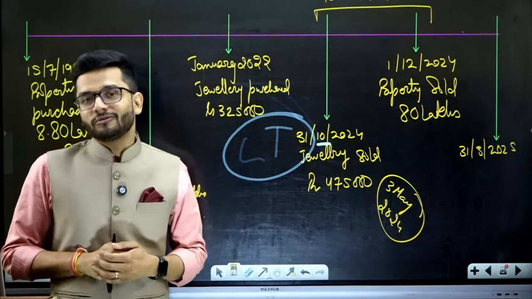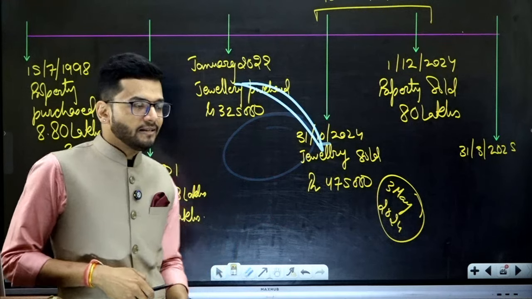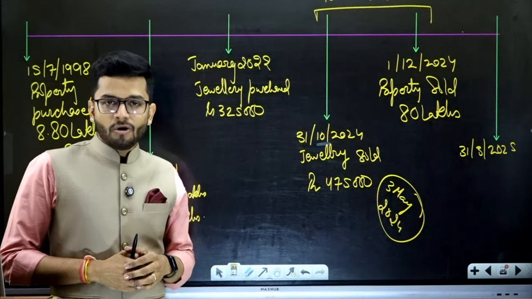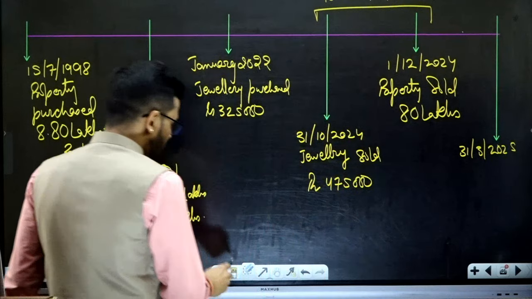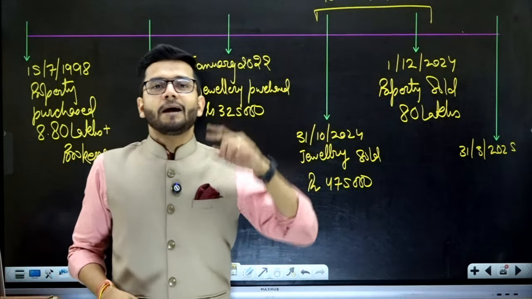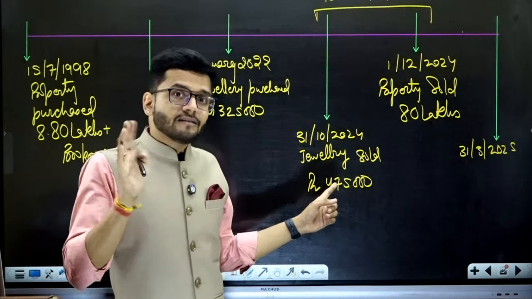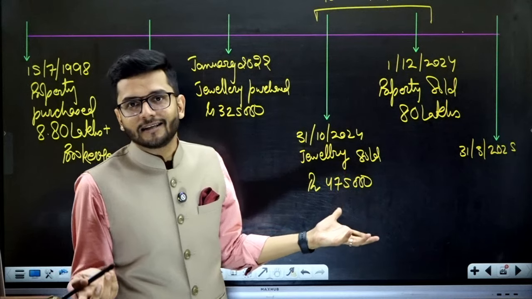Now, very important point to be noted over here. There's no 36 months timeline now. It was there in the erstwhile law. Now the law has been amended, so it's only a 24 months timeline. Therefore, this capital gain is long-term capital gain and not short-term capital gain, even when it is less than 36 months, because 36 months is no more the criteria now.